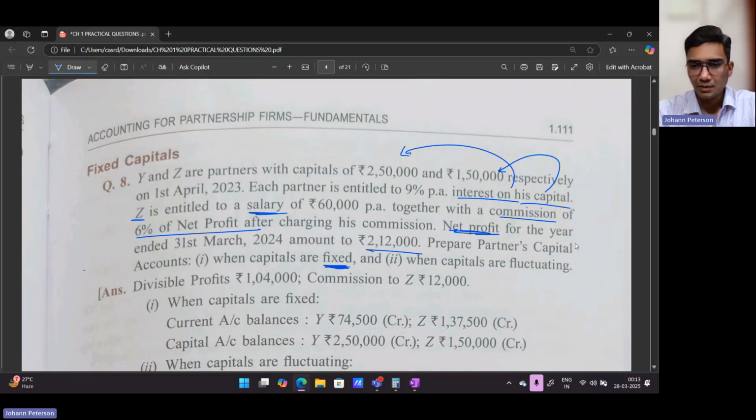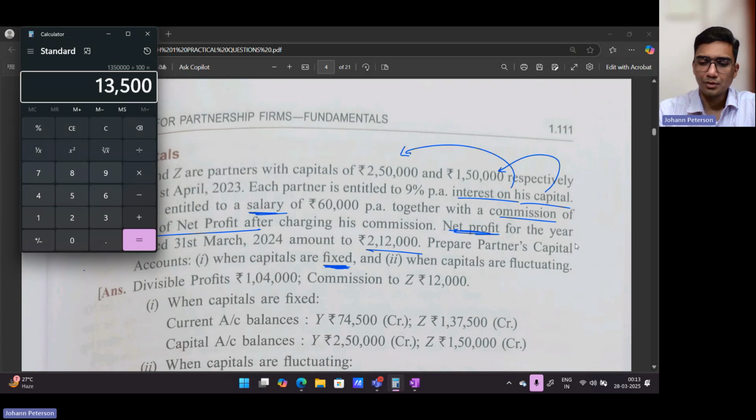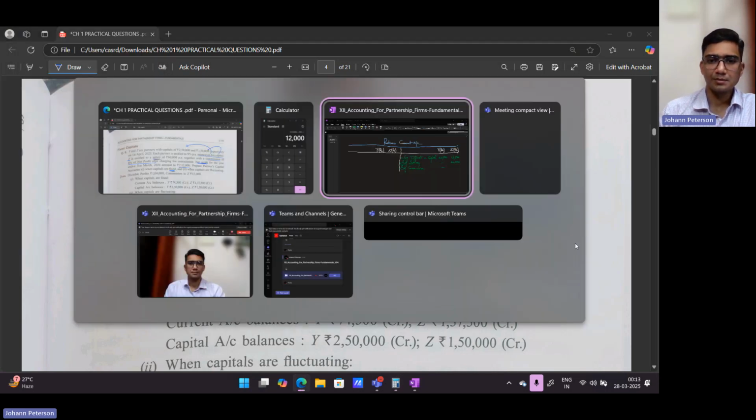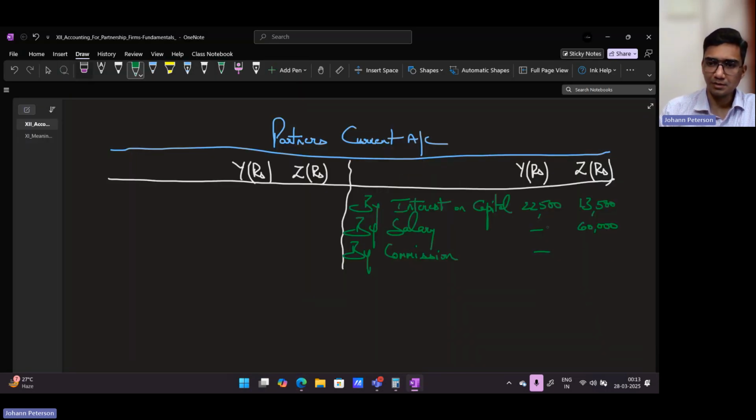on 2,12,000, we'll calculate 6%, but it is after commission. So 2,12,000 into 6 divided by 100, no, 106 it'll be. So that will give you 12,000. So this amount will be 12,000 over here.